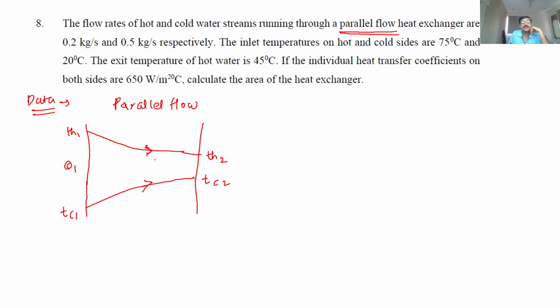See the arrow direction, both are flowing in the same direction. So it is a temperature profile of a parallel flow heat exchanger. The difference between TH1 and TC1 is theta1 and the difference between TH2 and TC2 is theta2. Now just put down the data.